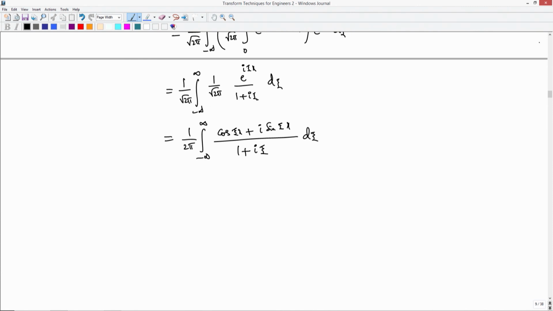Take this as a real part and imaginary part. If you do this, you can write 1 by 2 pi integral from minus infinity to infinity, and you try to rewrite this by multiplying and dividing with 1 minus i xi, so that the denominator will become 1 minus i square xi square, that is 1 plus xi square. i is a complex number, which is root minus 1. So, you have 1 minus i xi multiplied in the numerator and denominator.